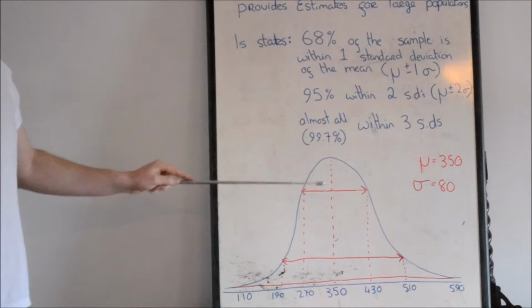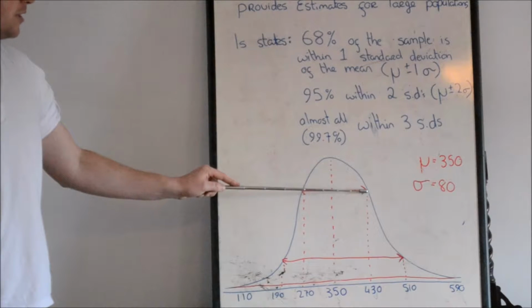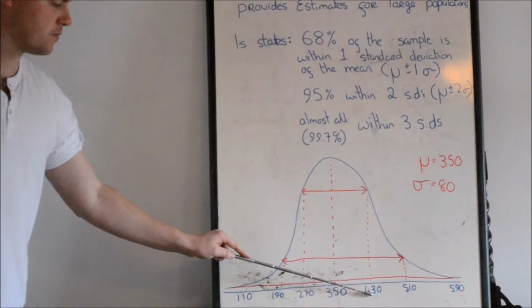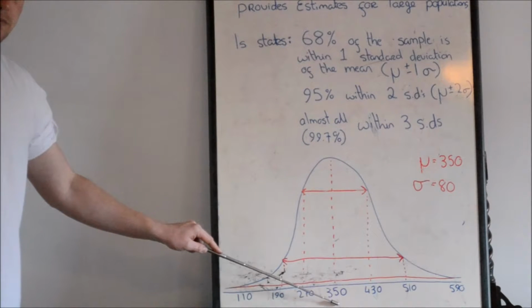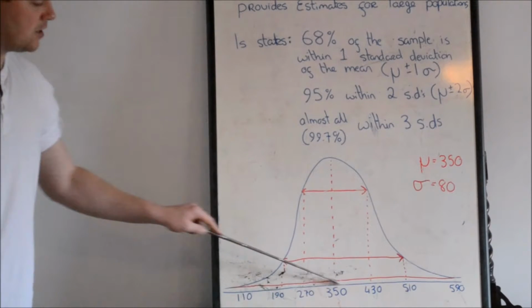So 68% of the overall population got between 430, which is 80 above the mean, and 270, which is 80 below the mean.